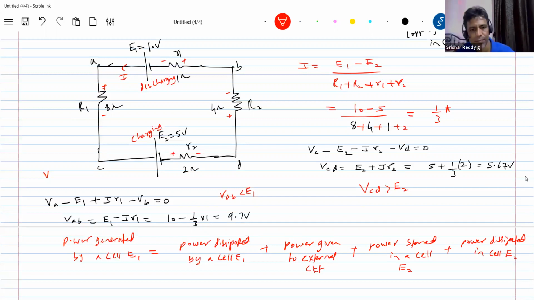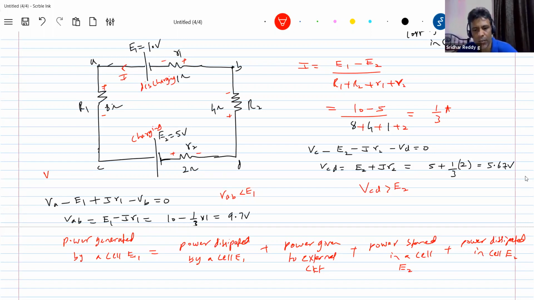Do you agree with this? You check it all. What is the power given to the cell E2? E2 into I. Is it all stored energy? No. A part of the power is stored in the cell as E2 into I, and a part of power will be taken by the cell itself, I square into R2.